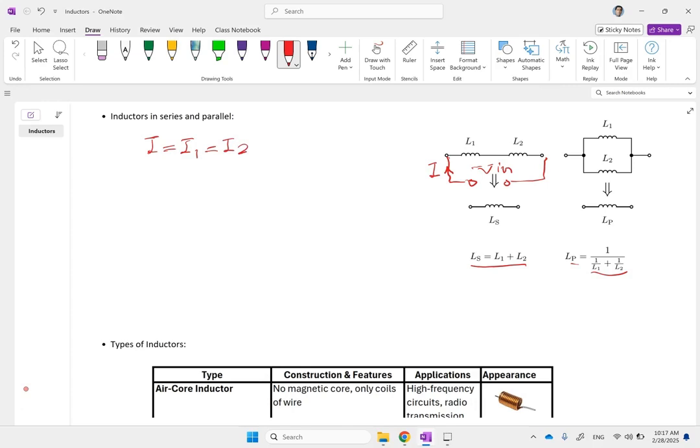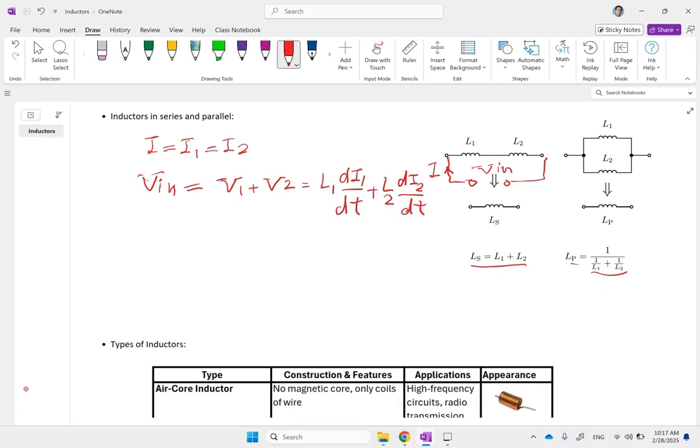But the total V here, V in, is equal to the sum of the two drops. So it is equal to V1 plus V2. And we know that V1 is L1 dI1 over dt, and the second one is L2 dI2 over dt.